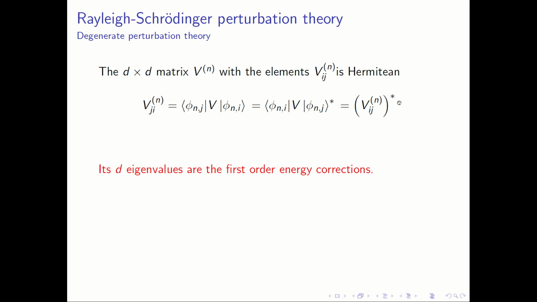And these d eigenvalues of this V matrix are nothing but the first order energy corrections. So, finding out the first order energy correction, which used to be just finding the matrix element of V in the unperturbed eigenket for non-degenerate theory, becomes a bit more complicated in degenerate theory. You first have to form this d by d matrix by calculating the matrix elements and then find out its eigenvalues.